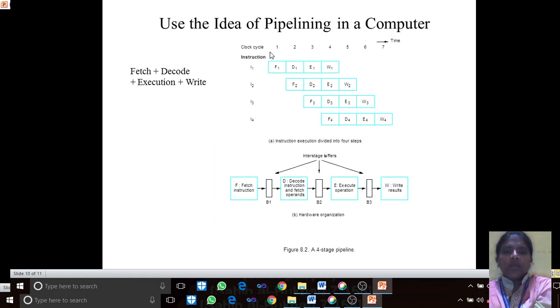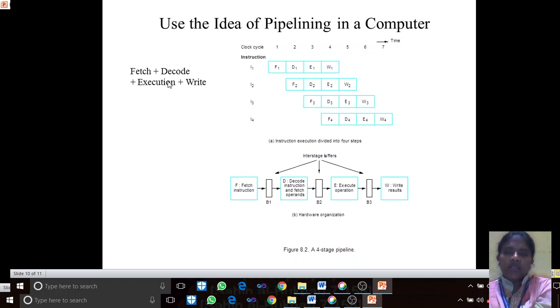Now, the same idea can also be extended to the other phases: fetch, decode, execute, and write. Fetch is F, decode is D, execution is E. Fetch is to fetch the instruction, decode the instruction, and after decoding, whatever the opcode is, act according to that.